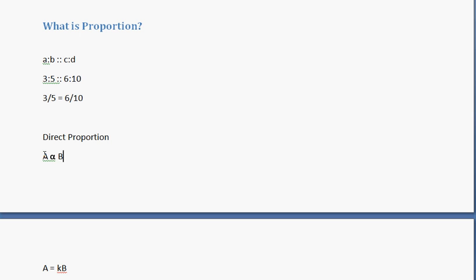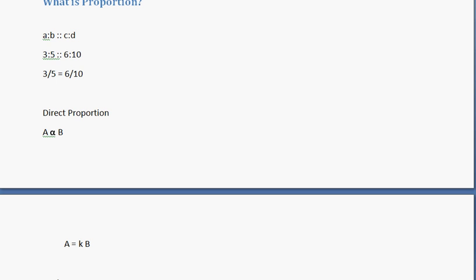So there may be a question which says that A is directly proportional to B. It means that A can be written as K times B, right? Now this means that A by B is equal to a constant number. So as B increases, A would also increase, right?